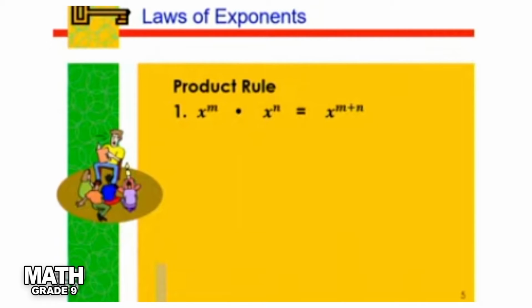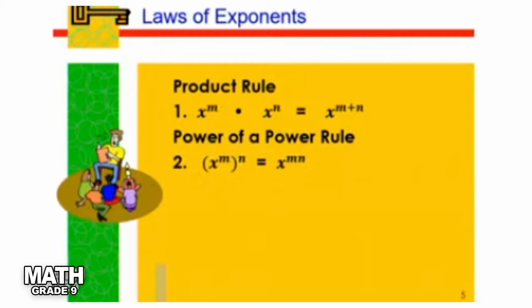Number 2 is the power of a power rule, which is the quantity of x raised to m raised to n is equal to x raised to m times n.